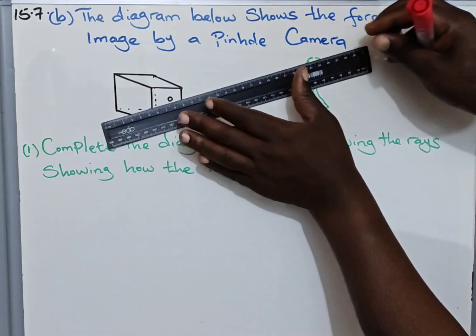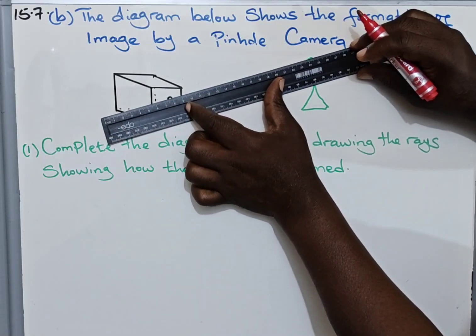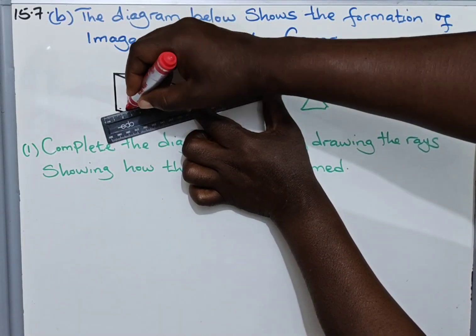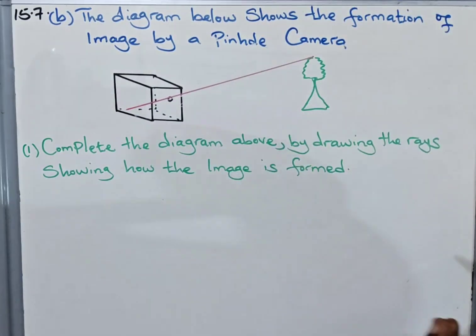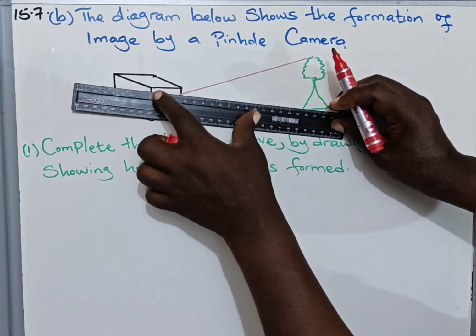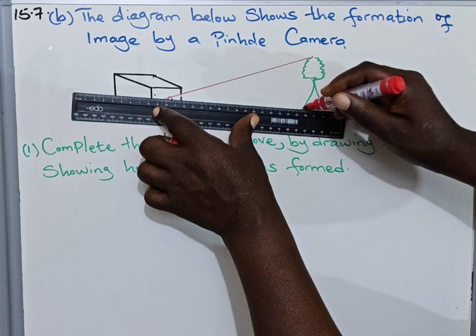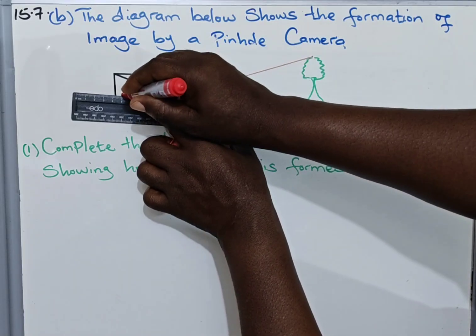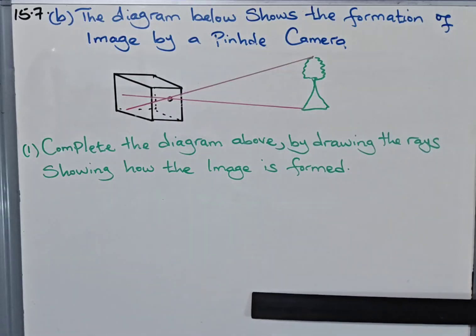This is what we do. You draw a ray coming from the top of the object, like that, going through the hole. And then you draw another ray from the bottom of the object, going through the pinhole, like that. And then what do we do next? We indicate the image.